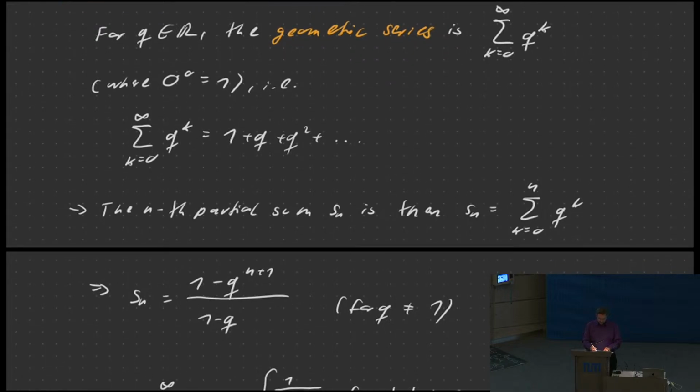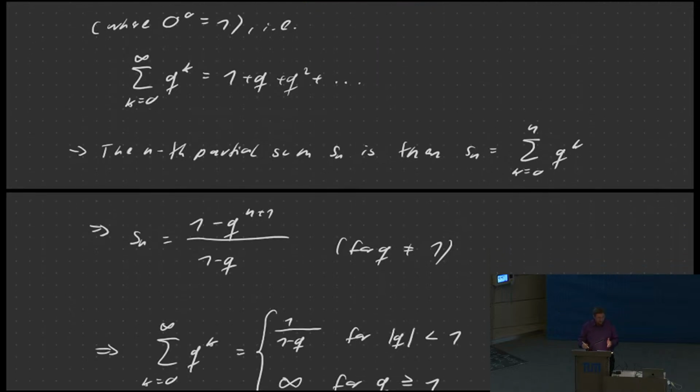So basically that looks like this. You start with 1 plus q plus q squared plus q to the third and so on. And we do know a formula for expressing these partial sums here. So if we sum this up to n, we've already discussed that formula. There's this closed expression here, right? So the partial sum is 1 minus q to the power of n plus 1 over 1 minus q.